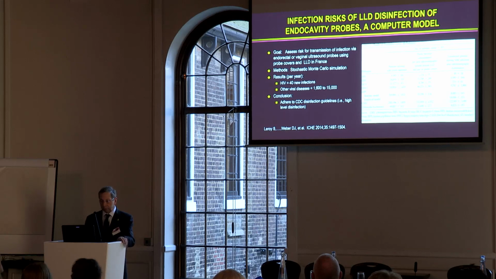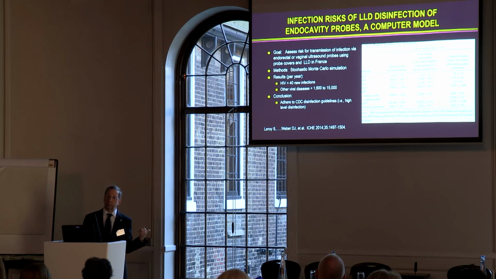And I was an author of this as well, and we did a computer model assessing the risk of infection via endorectal and vaginal ultrasounds in France using a stochastic Monte Carlo simulation. The result was our estimate in France of 40 new HIV infections, and for other viral diseases, particularly things like HPV, somewhere between 2,000 and 15,000 infections would occur by the use of probe covers and low-level disinfection throughout the country.